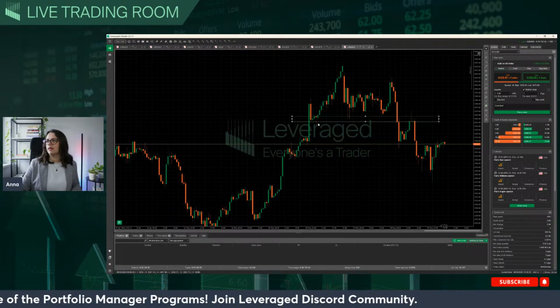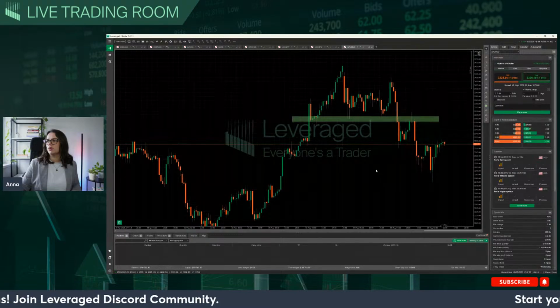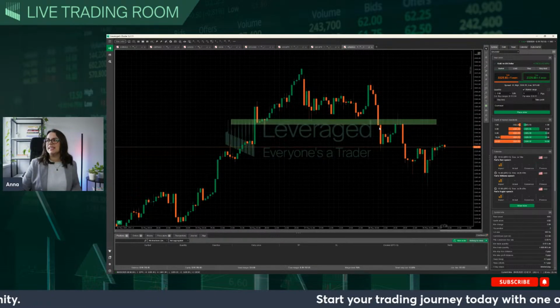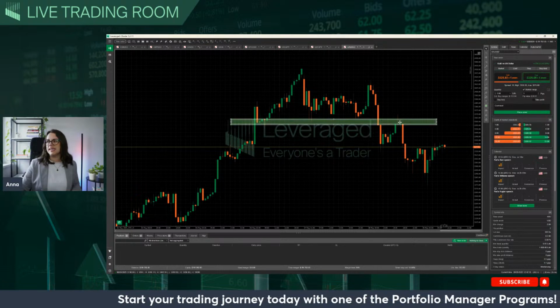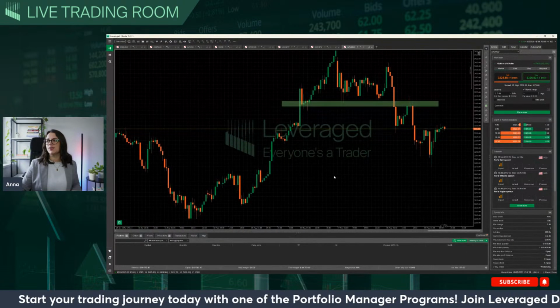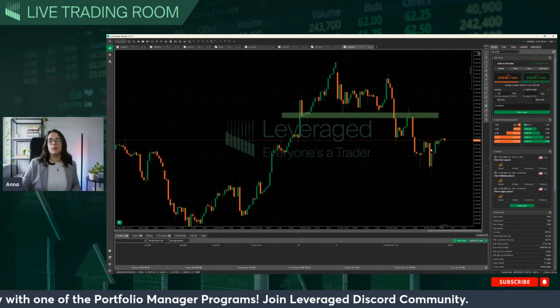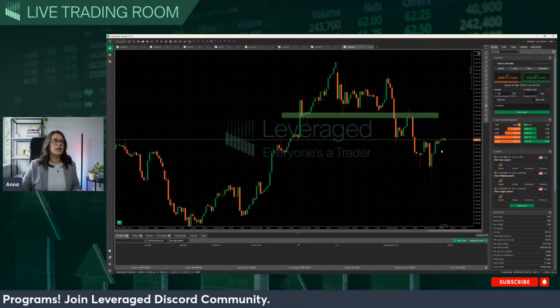I'll fill it in with transparency, like so. And you can see in here, this was such a nice support. What it did is it broke clearly, like these wicks are broken in here, came back to retest and then moved lower. So this is really interesting, what the gold is going to do. It can go either higher or lower.